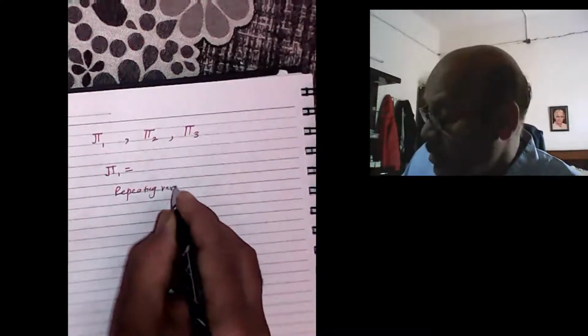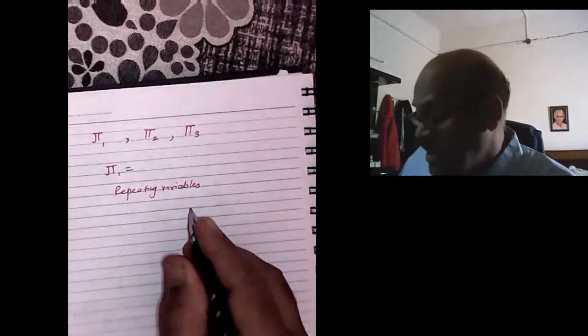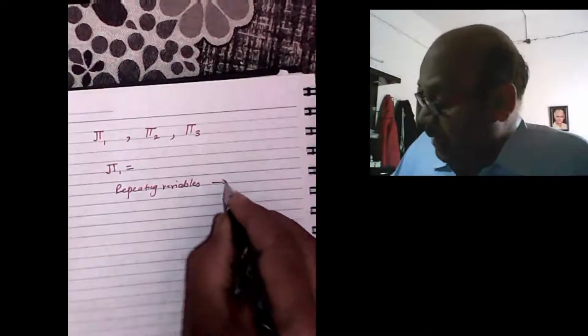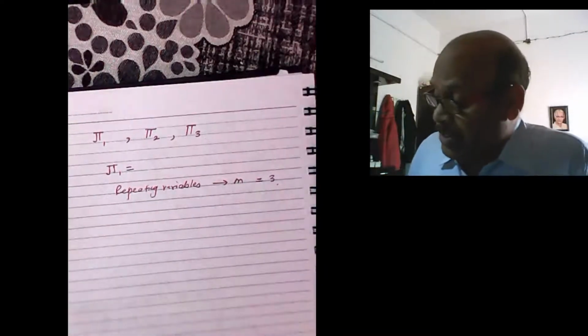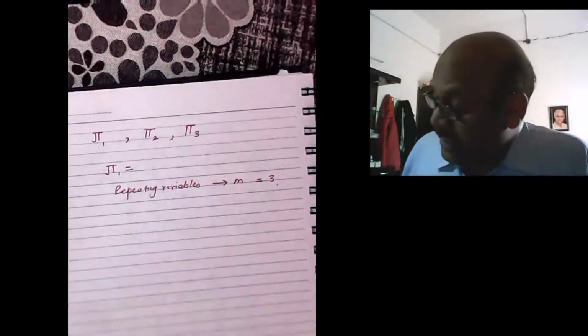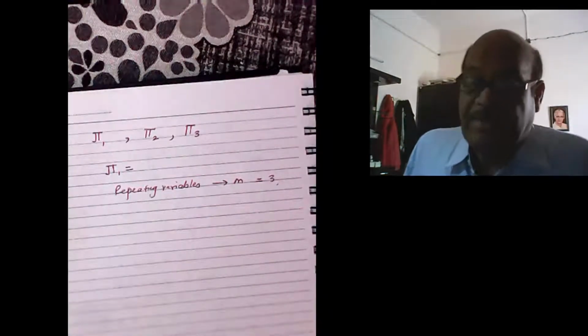There would be m repeating variables. That means 3 repeating variables are to be chosen out of 6, such that these 3 have all the dimensions, that means M, L and T, not individually but collectively.